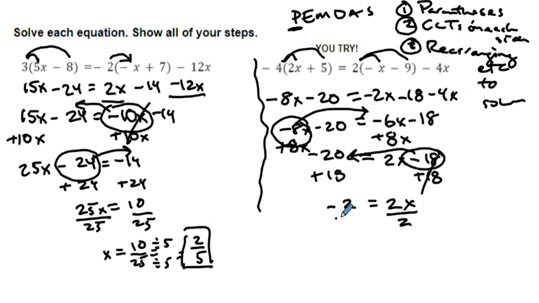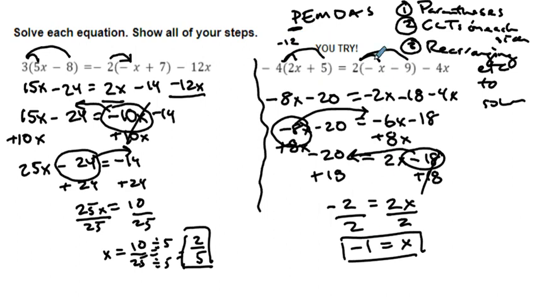We divide both sides by positive 2 because that's the coefficient. You always divide by the coefficient, and then you get x is equal to negative 1. And this one's a little easier to put in. If I put negative 1 in here, you get 3 inside here because 2 times negative 1 is negative 2, plus 5 is 3. 3 times negative 4 is negative 12, so I get negative 12 on this side.